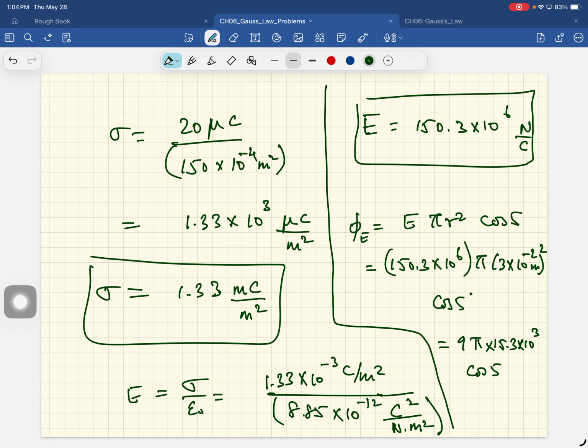I divided that by 6. It has 6 faces, and the flux through the other faces is the same. So that charge is in the center.